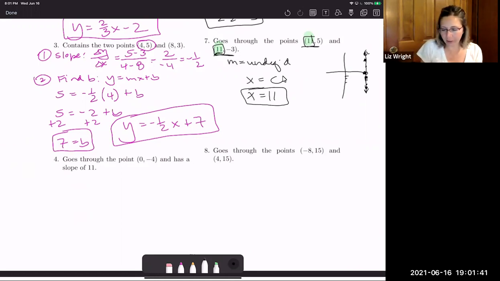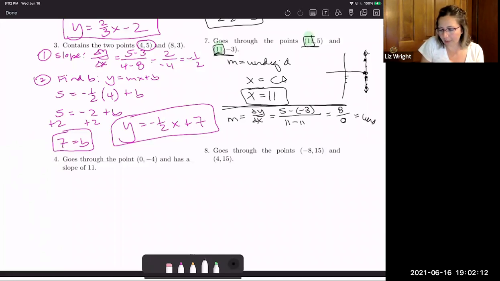Another way that I've seen students start this is that they go ahead and find the slope. So they would do slope equals change in y over change in x, and they would say 5 minus negative 3 all over 11 minus 11. Then you're getting 8 over 0. If I said 8 over 11, I meant 8 over 0, and that is undefined.